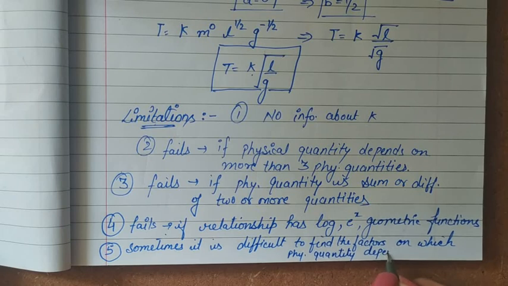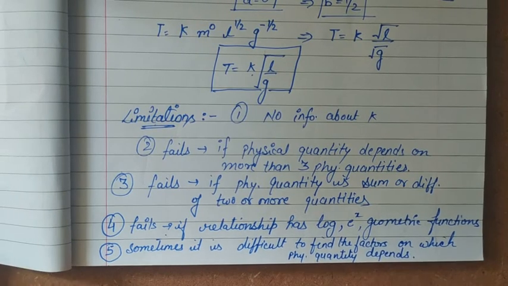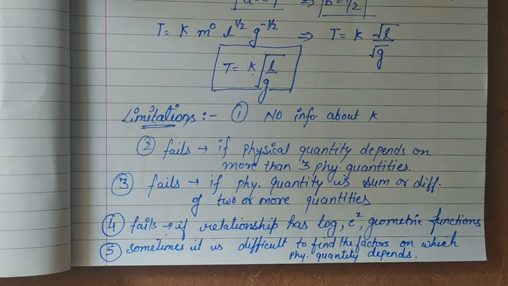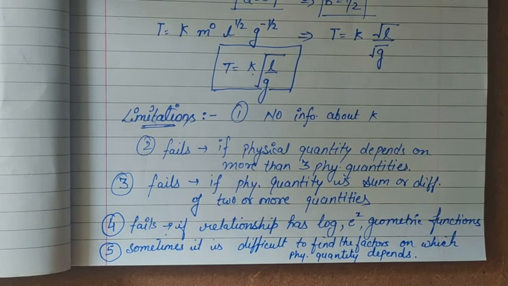Okay, so when we can't find the factors on which the physical quantity depends, we can't find the relation, because this whole application is only based on the factors on which this physical quantity depends. And if we have a problem finding those, then it is not possible for us to apply dimensional analysis and find the expression. So sometimes it is also a kind of difficulty to find the factors on which this physical quantity depends.